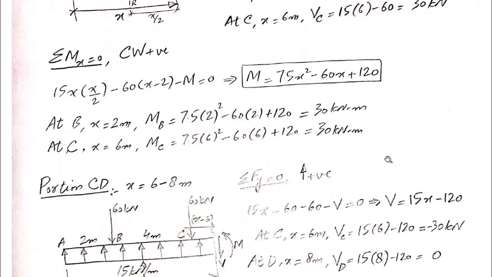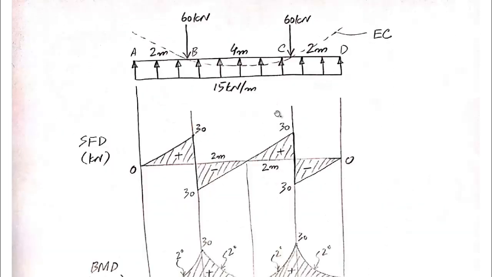So here on the shear force diagram, the first coordinate is 30 and the next coordinate is minus 30, and these will be joined with a straight line because the equation representing the variation of shear for portion AB is a first degree equation.